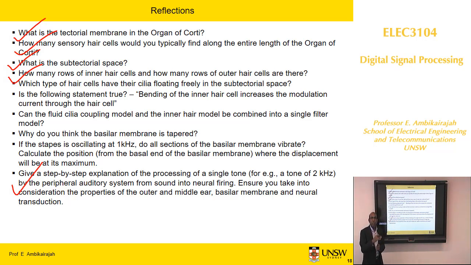That's converted into a mechanical movement of the basilar membrane, and the mechanical movement of the basilar membrane is translated into an electrical signal by the hair cells. So all these are filtering techniques. There's nothing different. As far as signal processing is concerned, a signal comes in and we are going to filter. So that's in part B. So let me go through part B now, and you will have an understanding then of how we are going to implement. Thank you.